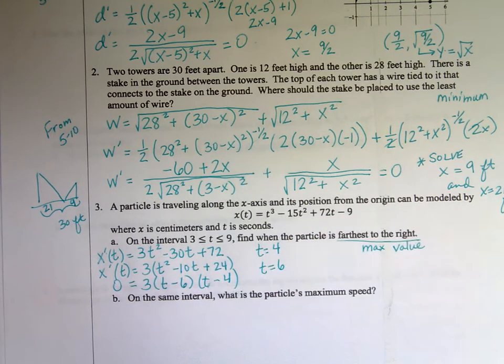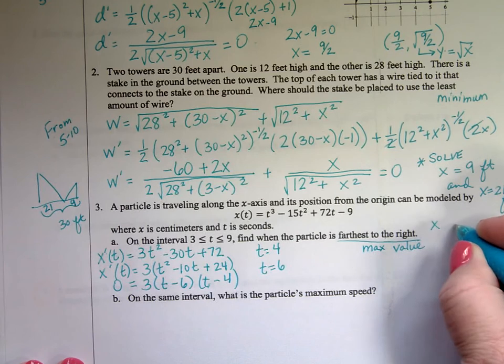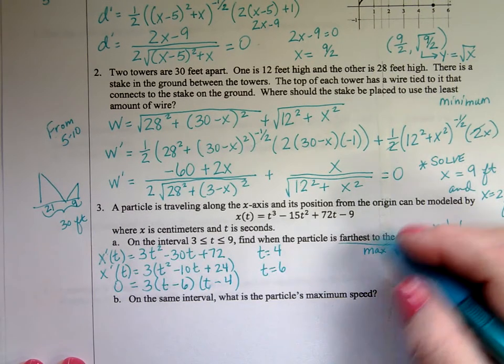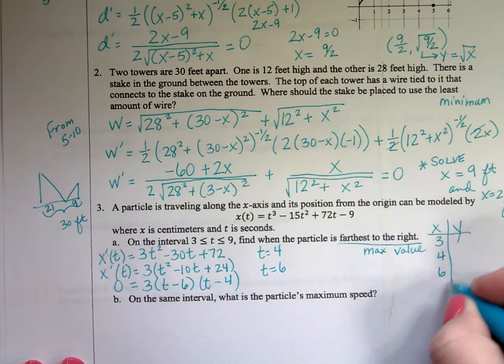Well, maximum values mean that I need to find a table of values and use the endpoints, because maybe the endpoints just might be the maximum value or the minimum value. So when I set up my table of values like we did back in the last unit, I have a 3, I have a 4, I have a 6, and I have a 9.